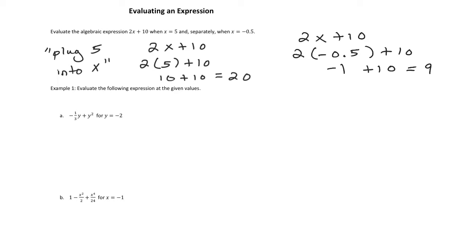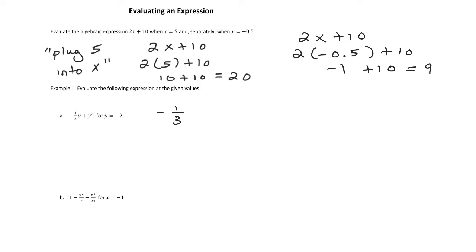In our first example, we're just going to look at a couple that are a little bit more complicated, but it works the exact same way. For part A, we want to take y is equal to negative 2 and plug it in place of the y and the y squared. So I'll take negative 1/3.